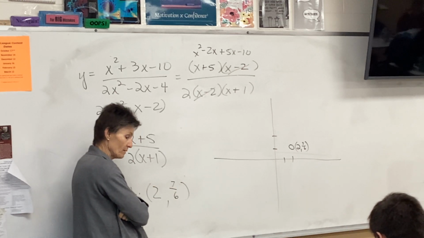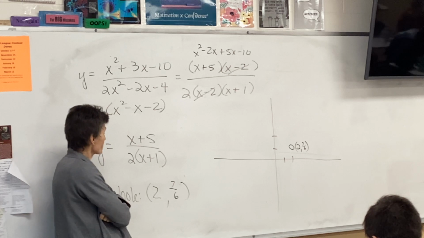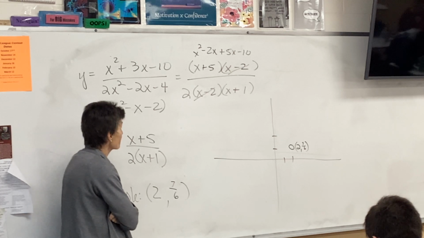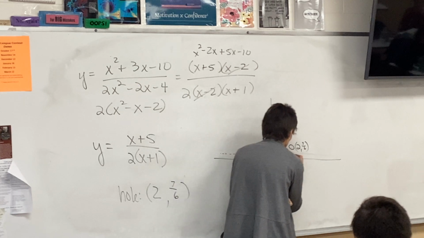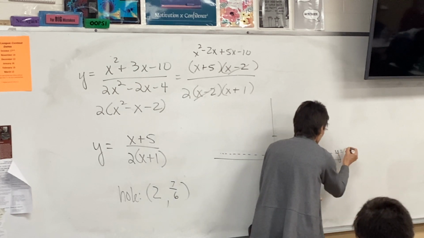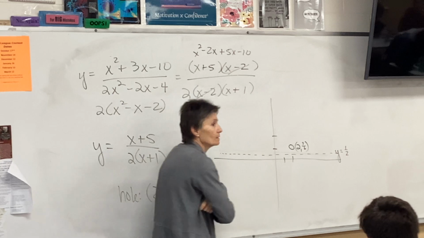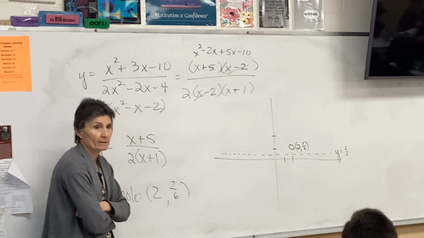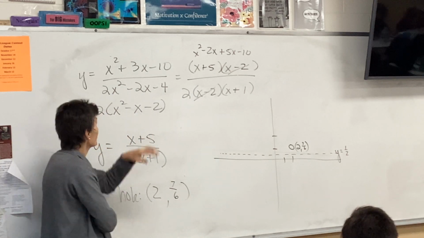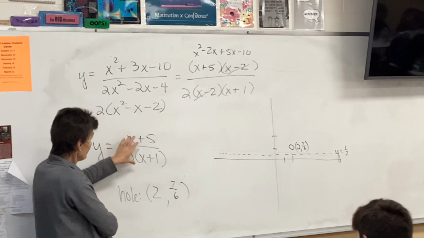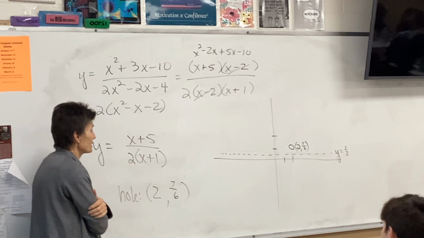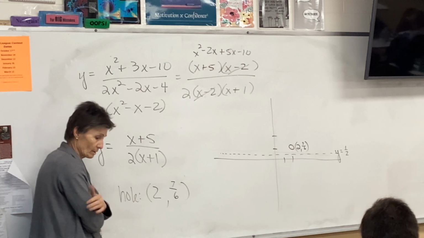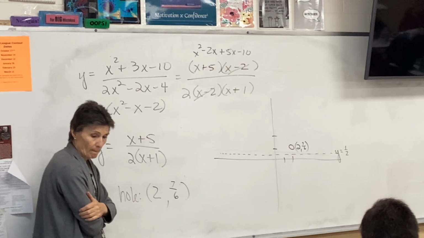You gotta put all that stuff in your picture though, okay? So what else are we putting in there? Horizontal asymptote is a half. Horizontal asymptote is y equals a half. What does the rest of you think? Is that okay? Because right here, x over 2x. All right, that's good. What else?